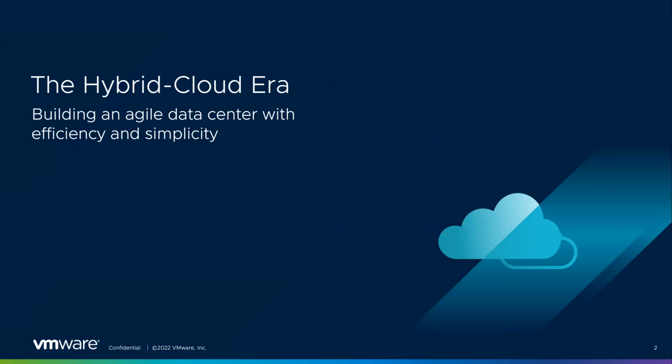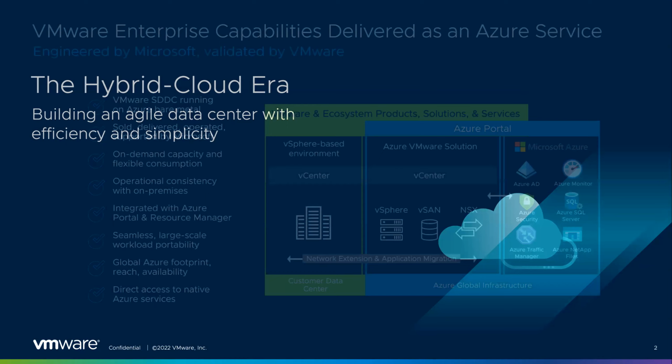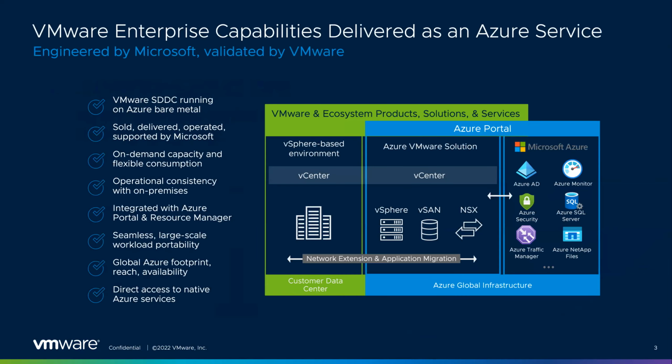First, we're in this hybrid cloud era that allows us to build agile data centers that span physical locations. And it allows us to have efficiency and simplicity in terms of how we operationalize and use the cloud services. The Azure VMware Solution is VMware enterprise capabilities delivered as a native Azure service.